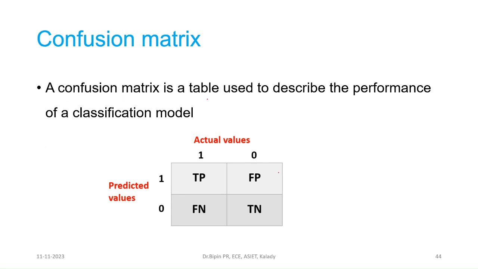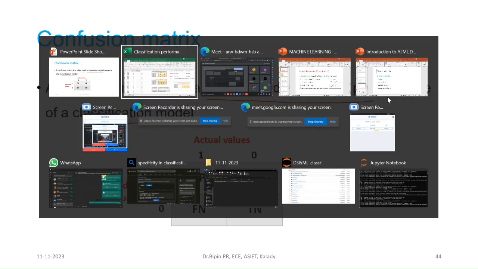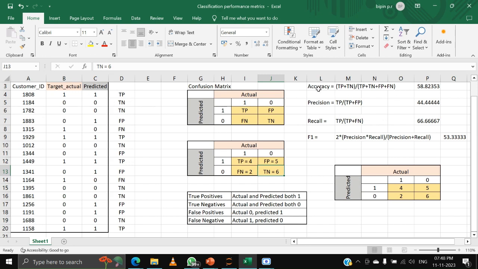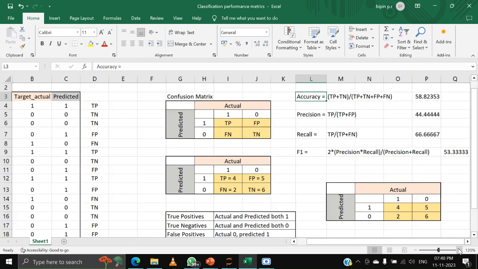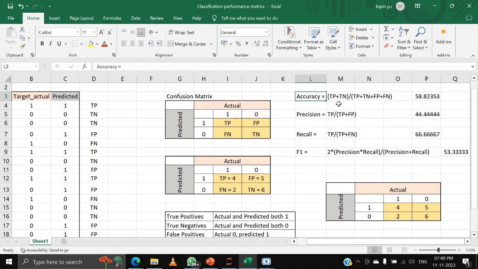It's a table used to describe the performance of a classification algorithm model. And now see, what is the equation for accuracy? The equation for accuracy is TP plus TN divided by TP plus TN plus FP plus FN.